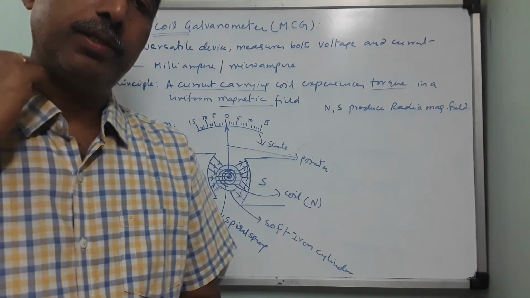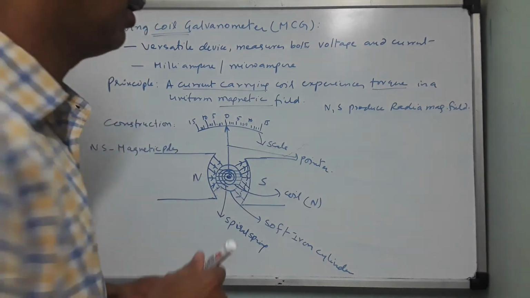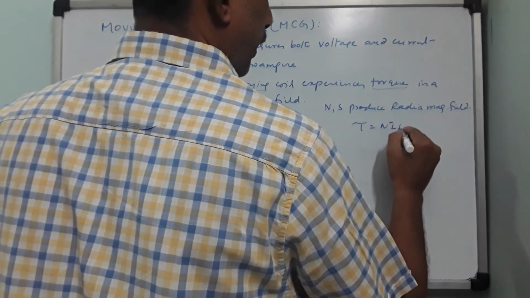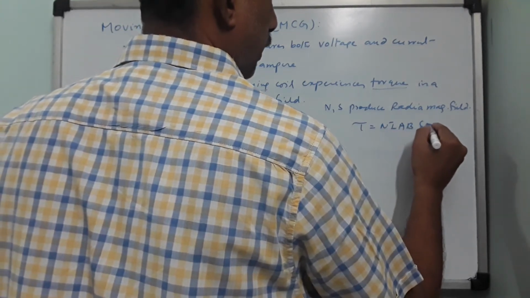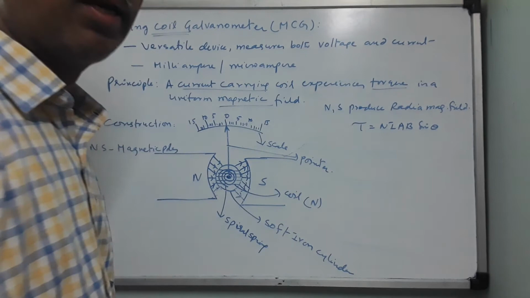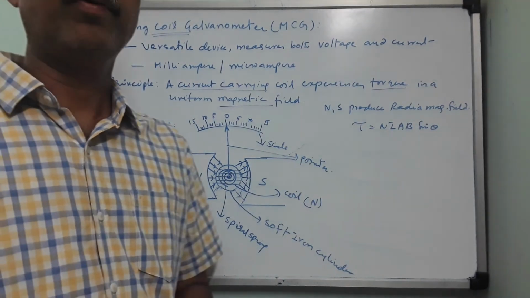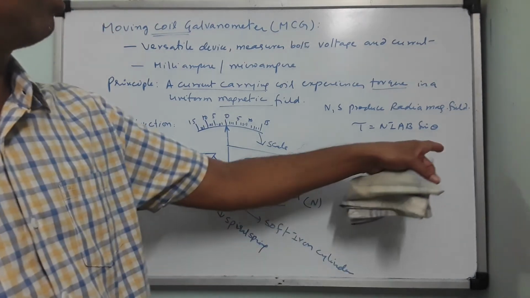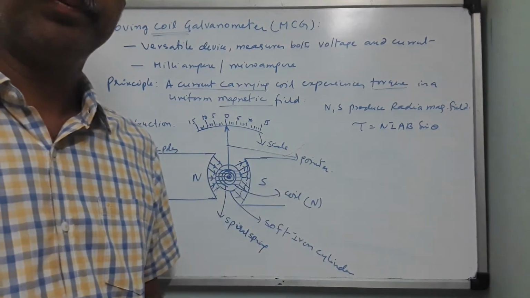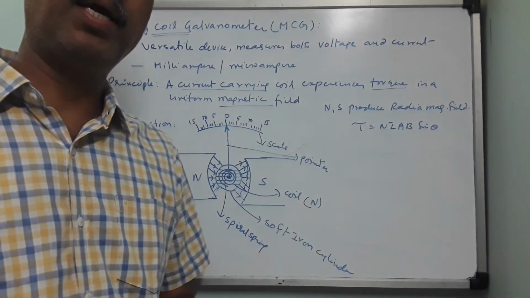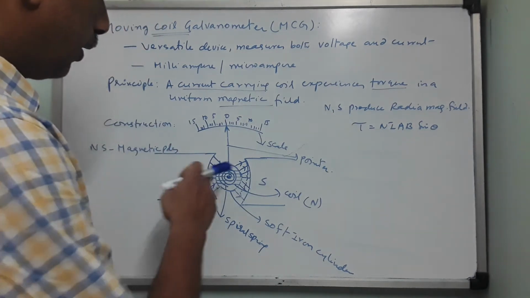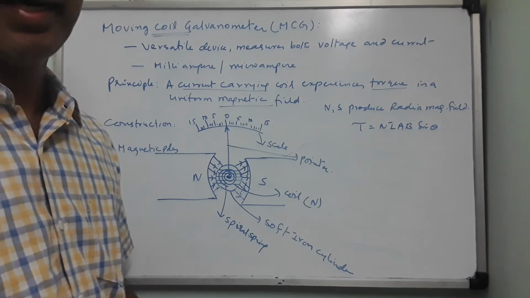In the previous video lesson we showed that the torque on a coil is tau equals N I A B sin theta, where theta is the angle measured between the normal drawn to the coil and the magnetic field. So in order to remove this sin theta effect, or if you take the plane of the coil, which has a cos theta effect, we have created a uniform magnetic field which is radial.